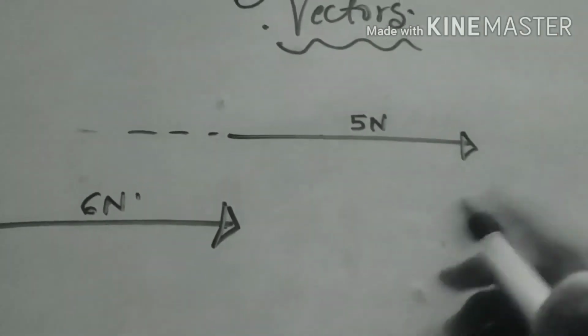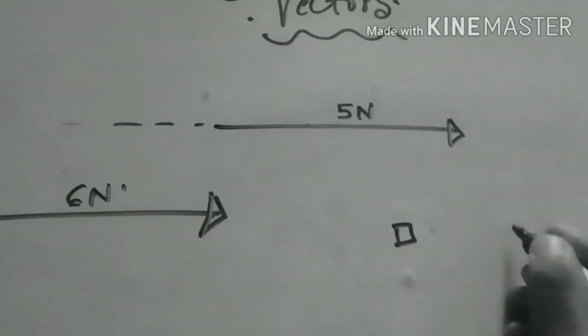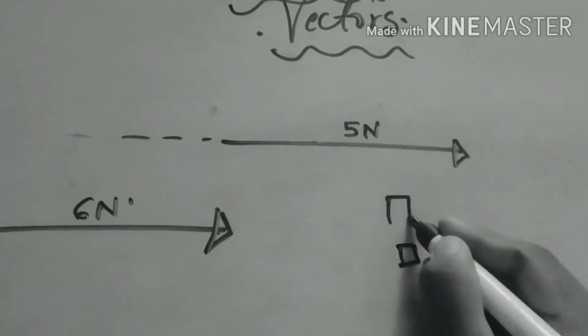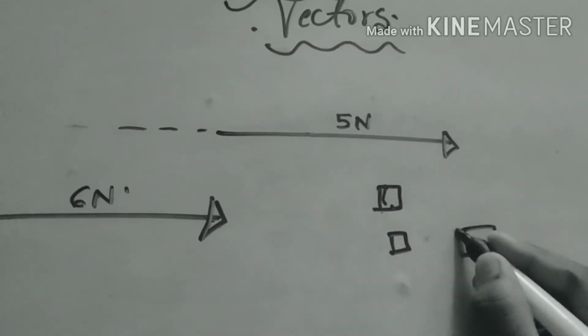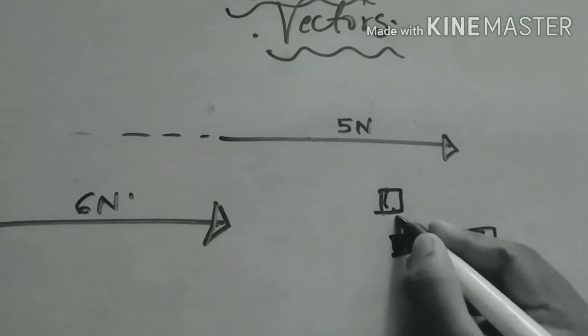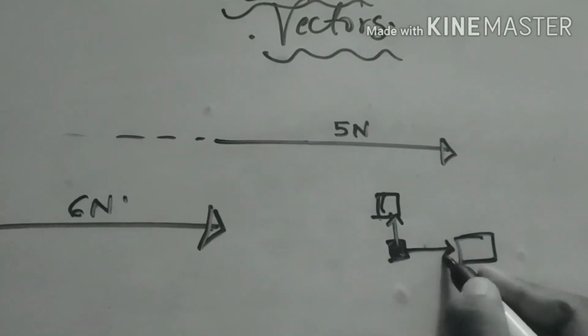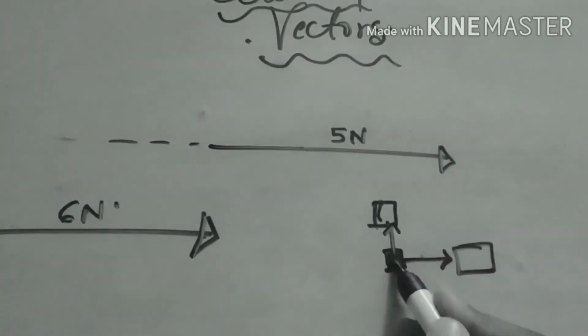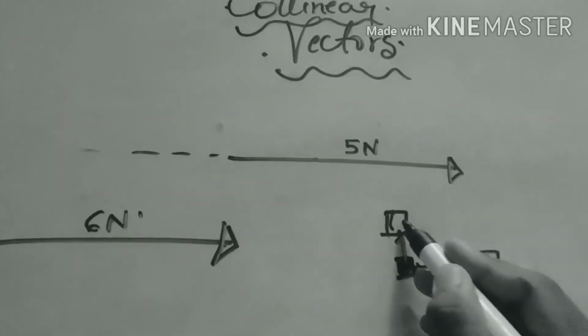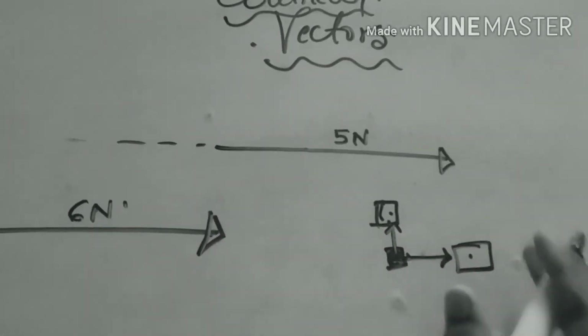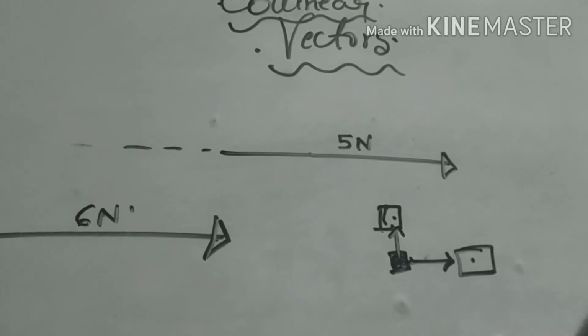If we want to move it parallel, we can move this to this place, or we can move this to that place. If this was a vector and we have moved it parallelly this side or that side, it does not change its direction or magnitude, which means the vector will remain the same with the same magnitude and same direction.